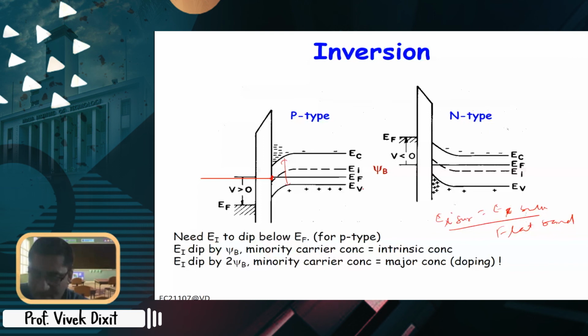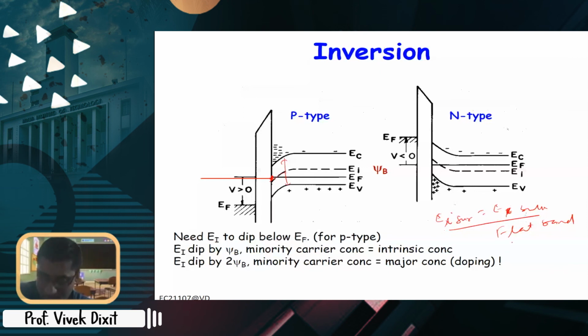So if EI at the surface, you can also use EC or EV here because they follow the same trend, is the same as EI in the bulk, this condition is called flat band. If EI at the surface is equal to EF in the bulk, that means depletion region.